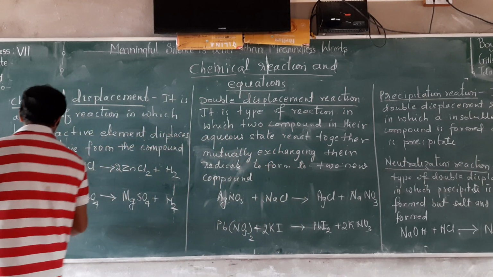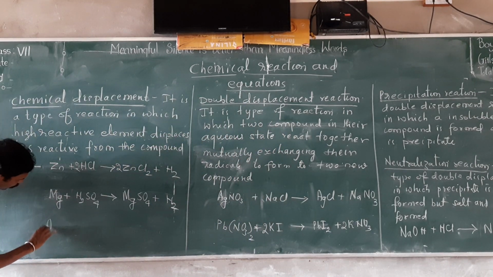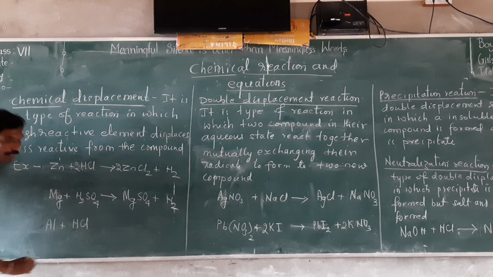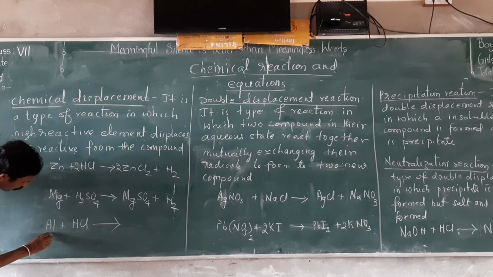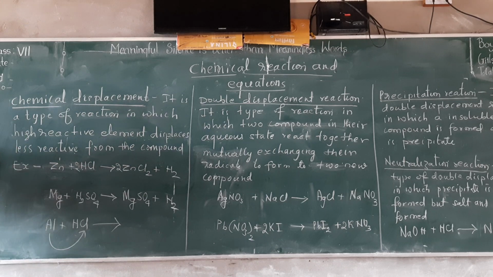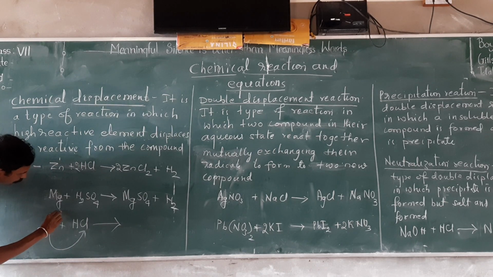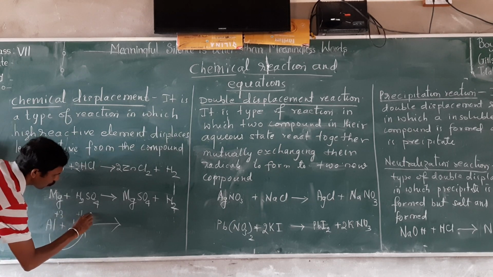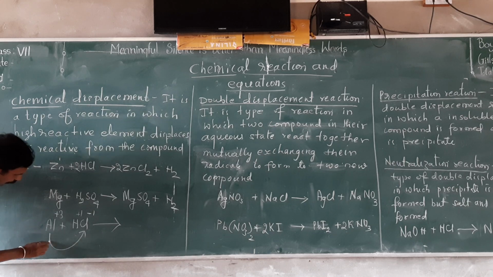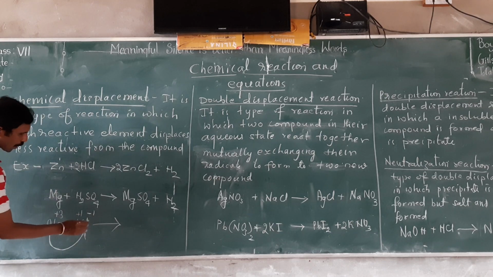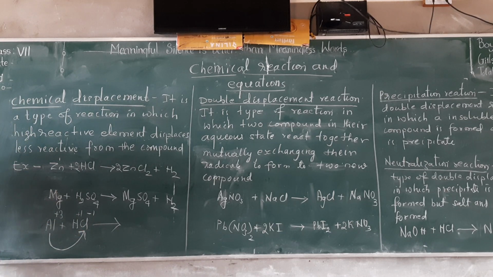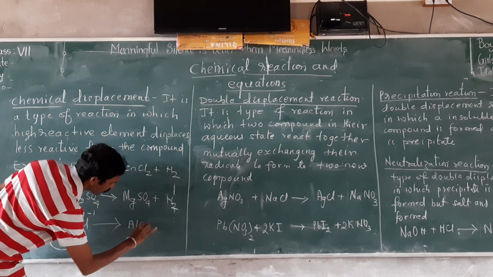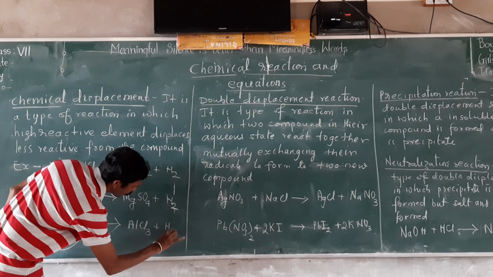One more example we can give: aluminum reacting with HCl. Here the aluminum displaces hydrogen. You know the valency of aluminum is +3, hydrogen is +1 and chlorine is -1. Here the cation reacts with the anion to form AlCl3, aluminum chloride, plus hydrogen is liberated.